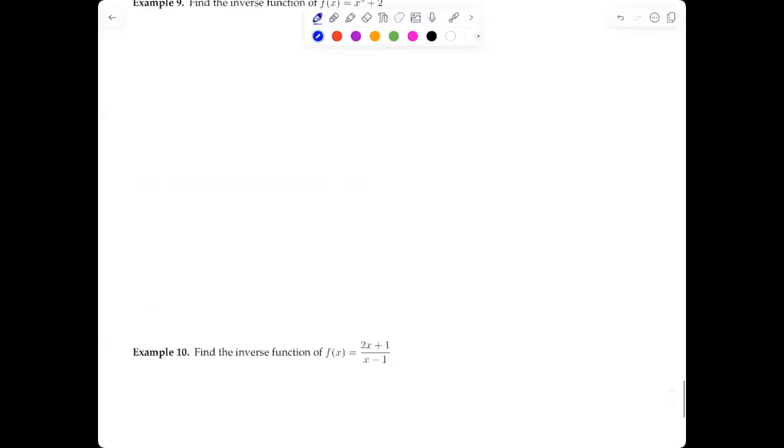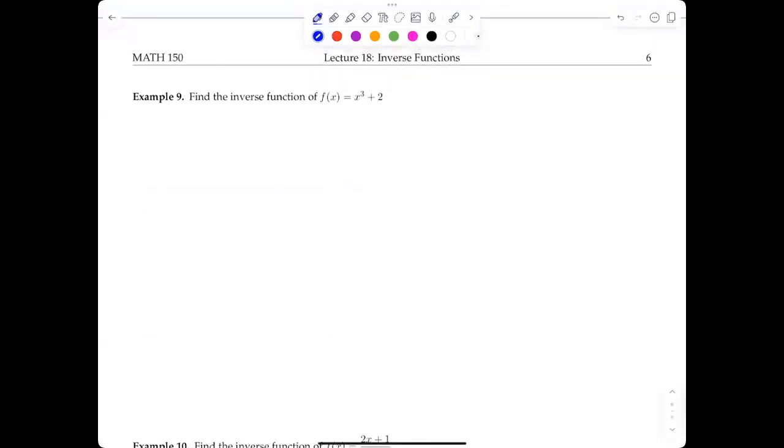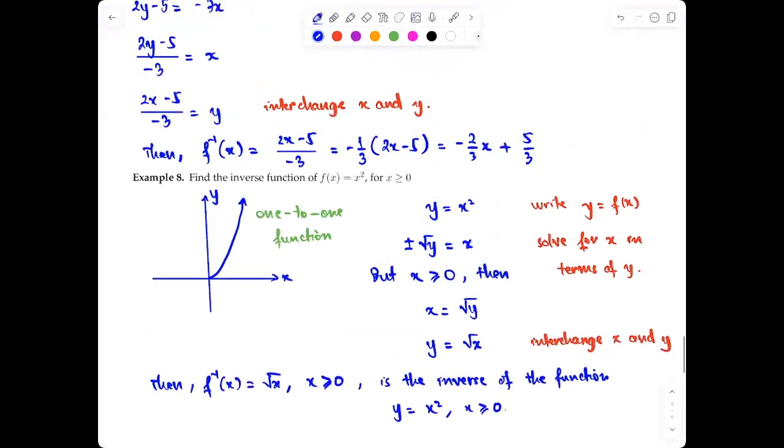All right, so example 9, find the inverse function of f of x equal to x cubed plus 2. In example 8, this is called an even function because of the even power, right? Because of the even function, the graph is symmetrical with respect to the y-axis.